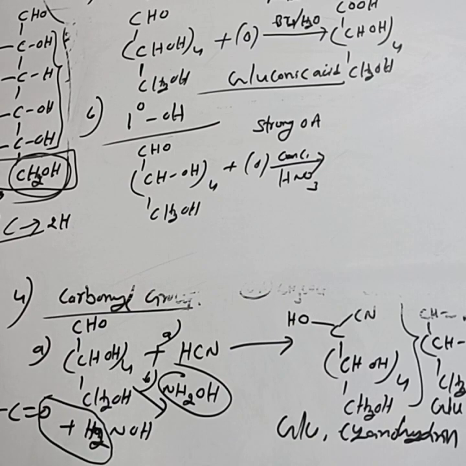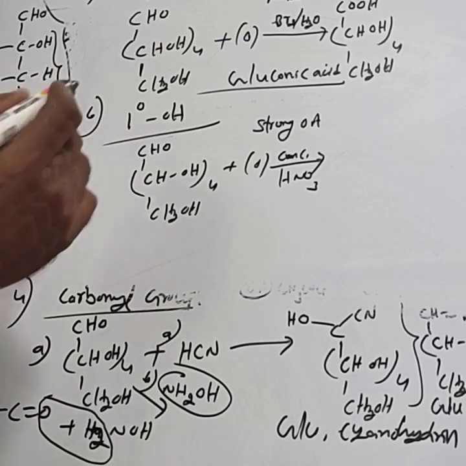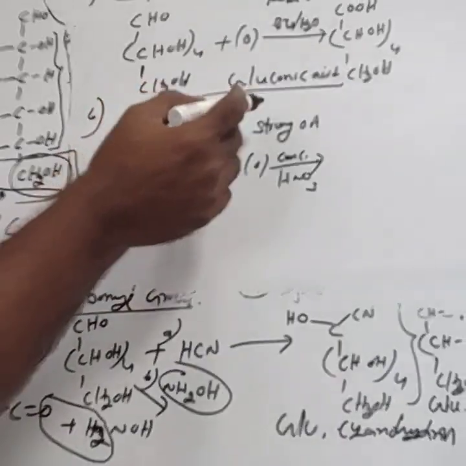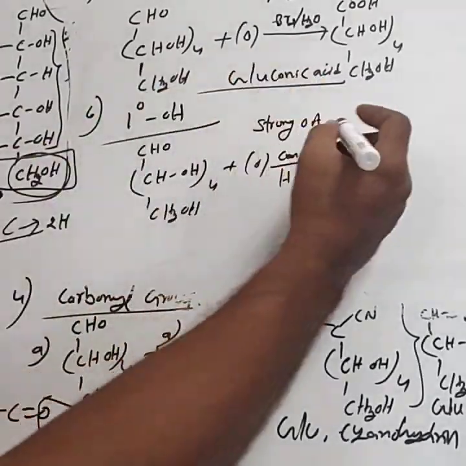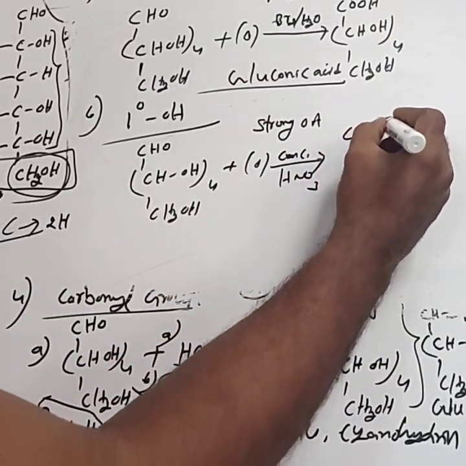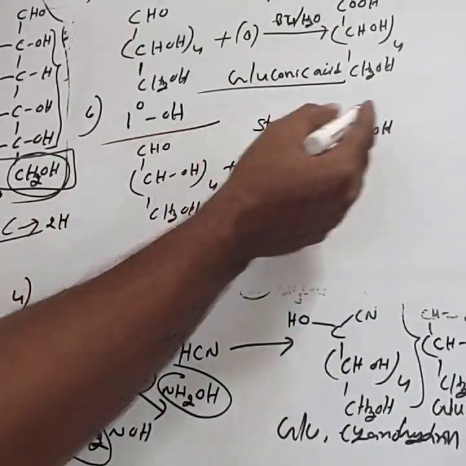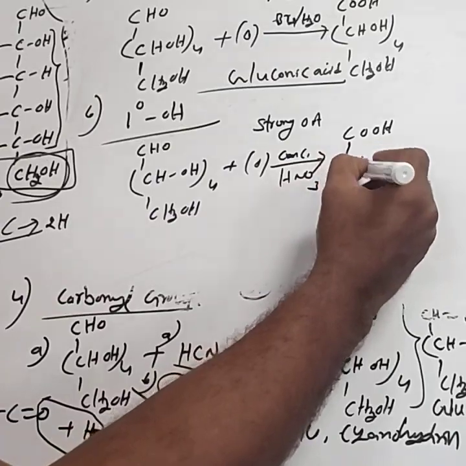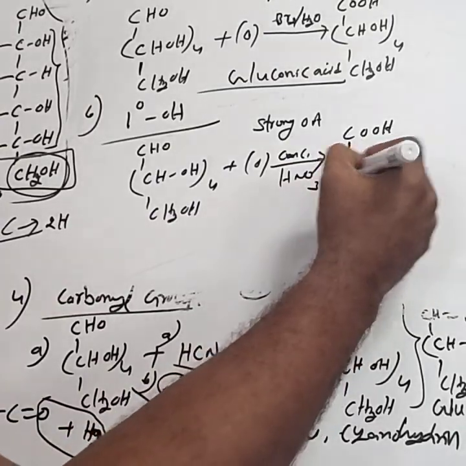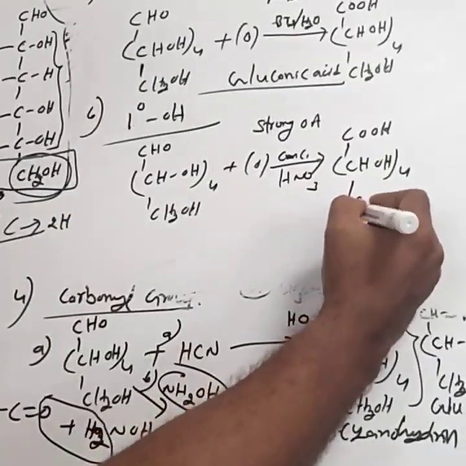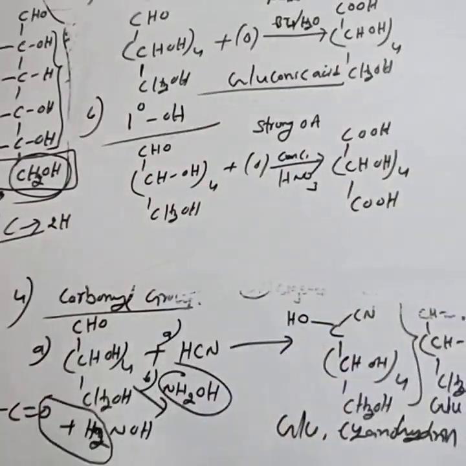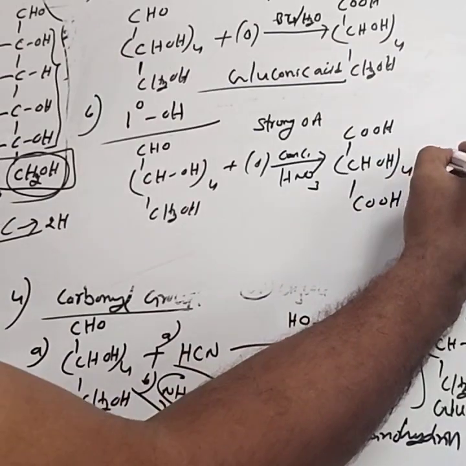When glucose undergoes oxidation by a strong oxidizing agent like concentrated HNO3, CHO also oxidizes to COOH. Then the secondary alcohols remain the same. The primary alcohol also oxidizes to COOH by the removal of water.